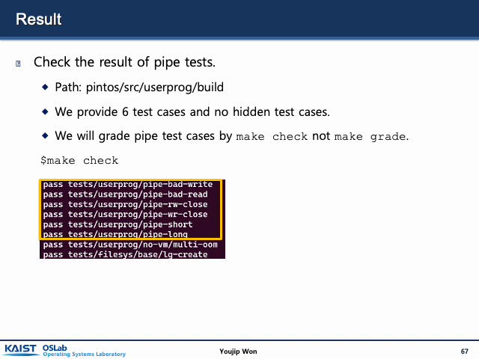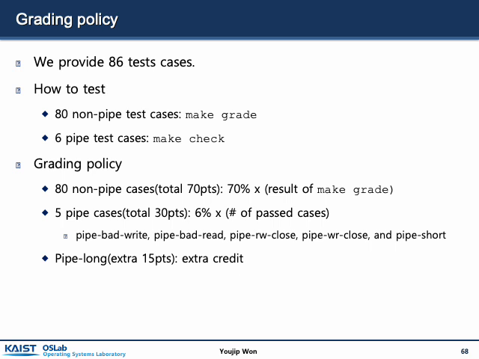Note that you should not run make grade but run make check. We provide 86 test cases in total. For the 80 non-pipe test cases, you can run the make grade command, and for the 6 pipe test cases, you can use the make check command.